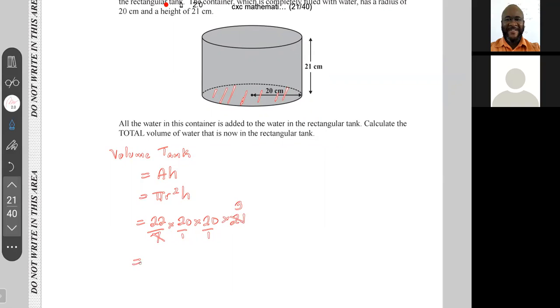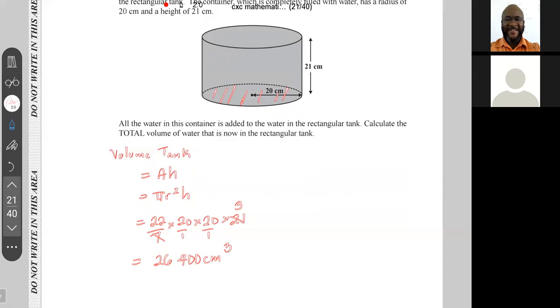So the volume the cylinder can hold is 22 times 20 times 20 times 3. This says 26,400 centimeters cube of water.